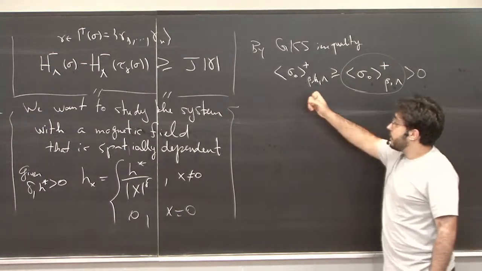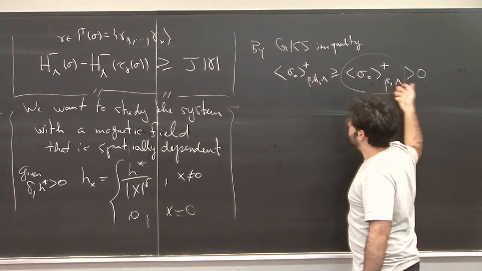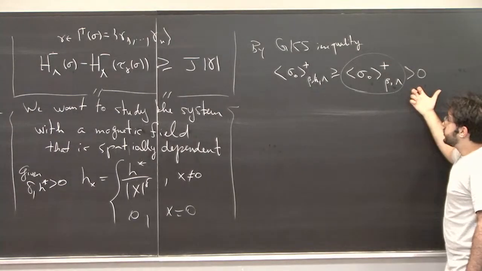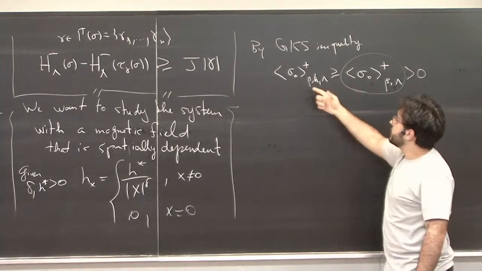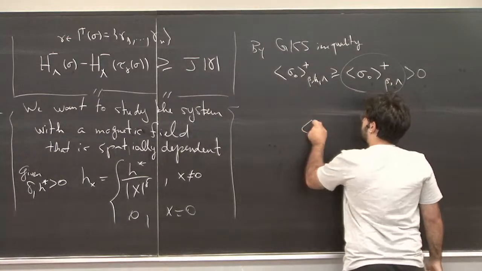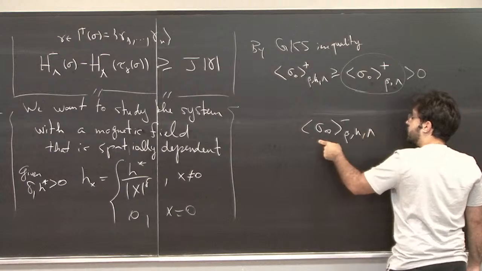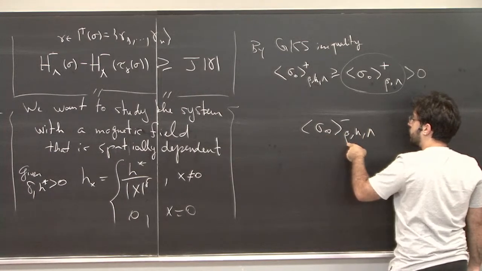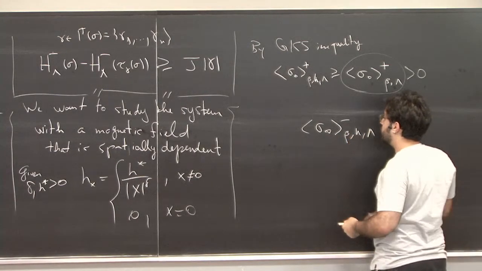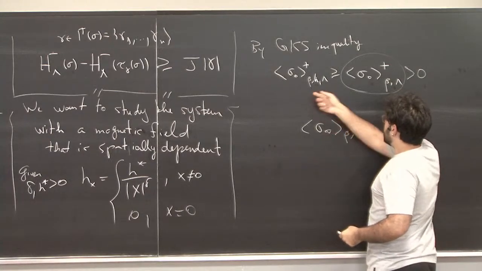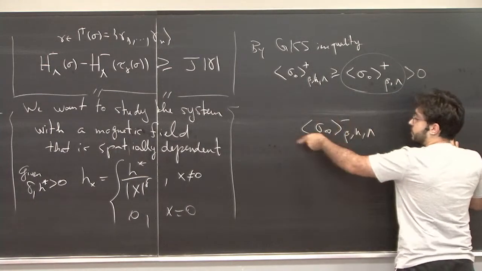So we can't use this chain of inequalities to infer what happens to the sign of the expectation of sigma_0 now with the spatially dependent field.